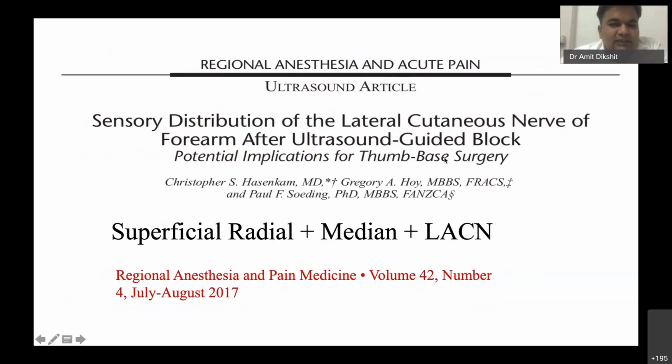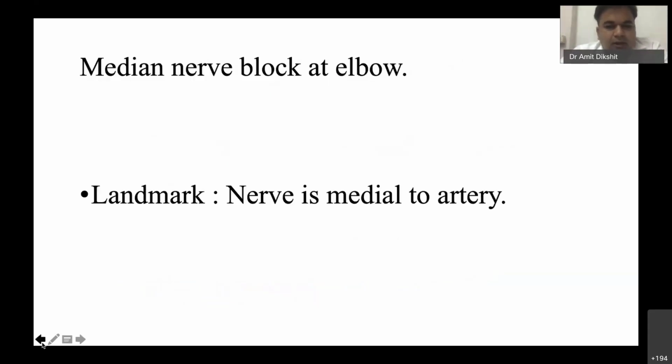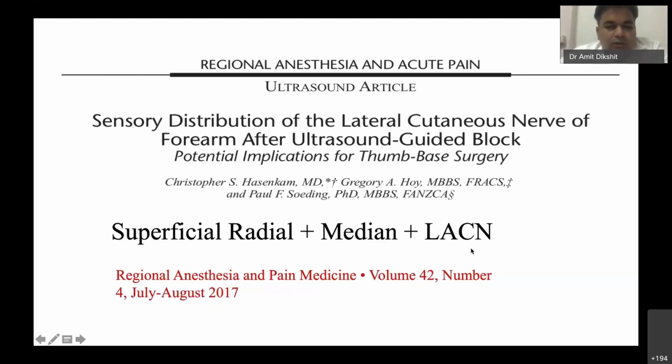For thumb-based surgery, as we all know, and as Phadke sir has also highlighted, we need a superficial radial, a median nerve, and a lateral antebrachial cutaneous nerve. So basically, it has a radial branch, a median branch, and a musculocutaneous branch. Now, if I do an axillary block, definitely I'm going to paralyze the biceps.